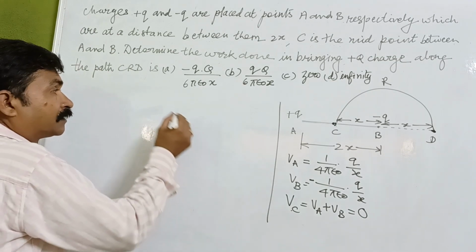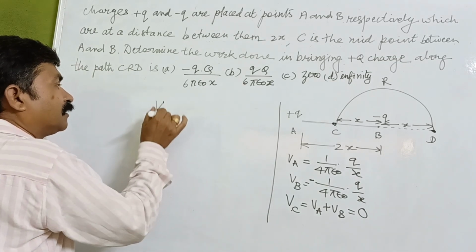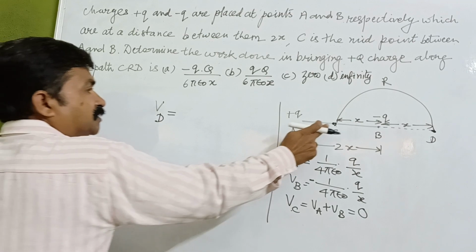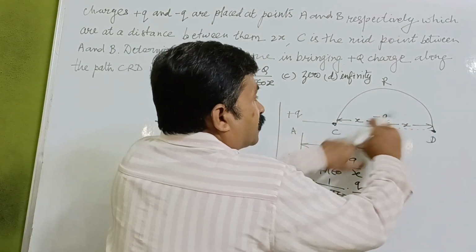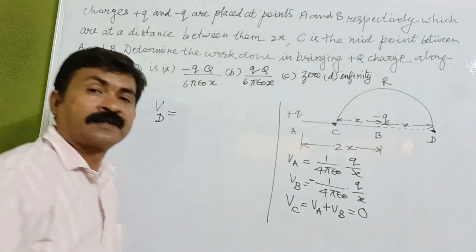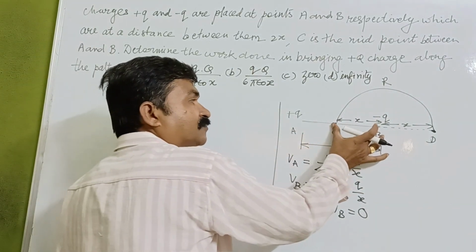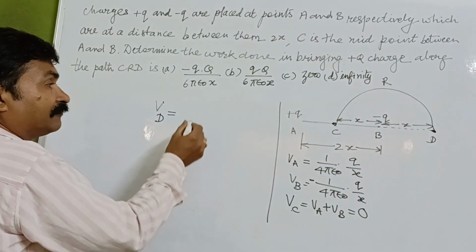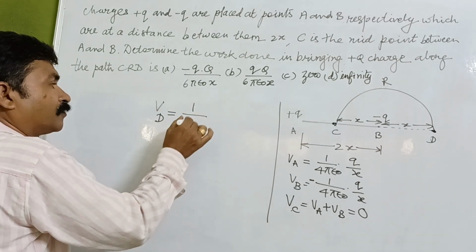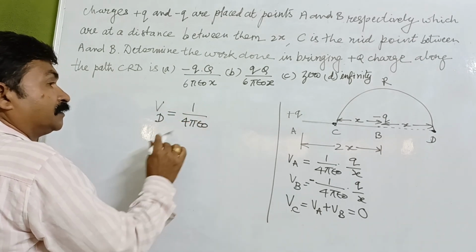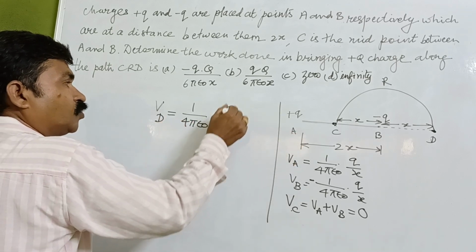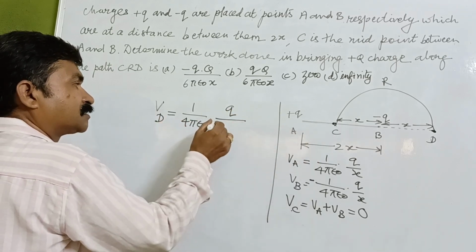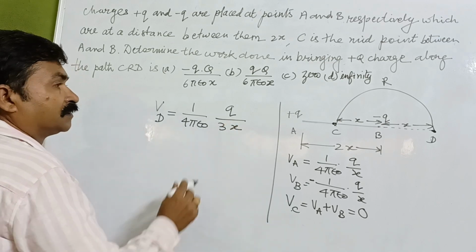So here we can say the potential VD because of this charge. If we calculate this distance, it is 2x plus x, because it is a circular path, so its radius will be x. So VD will be given by 1 upon 4 pi epsilon naught because of A, that will be Q, and the total distance is 3x.